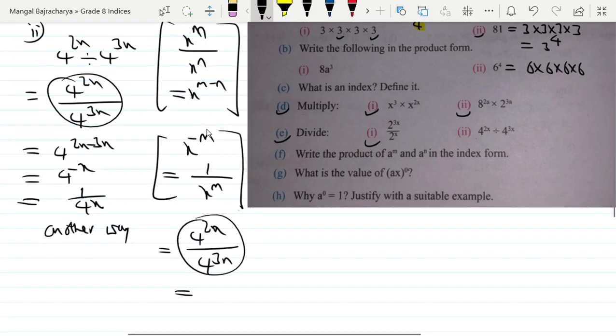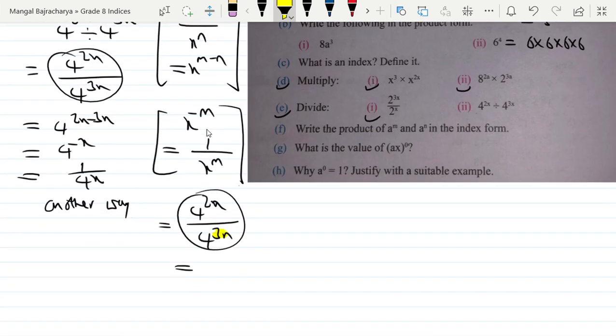The greater power is 3x, which is in the denominator. So we have to bring it down for subtracting the power. So 4 power 3x minus 2x. The power above, in the numerator, is 2x, so that will be brought down.